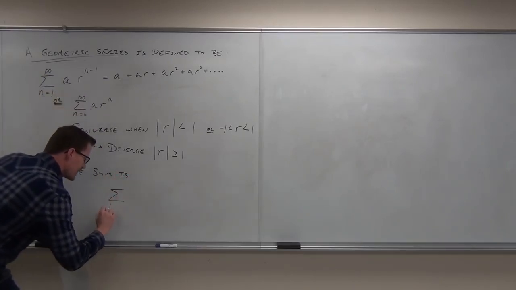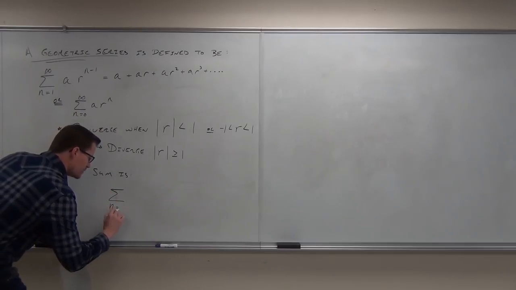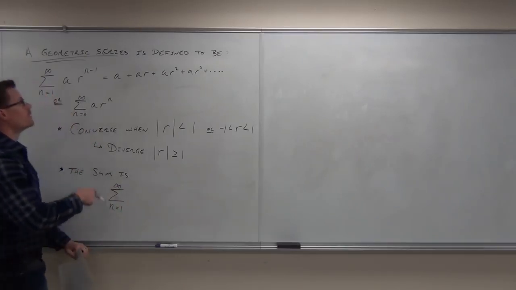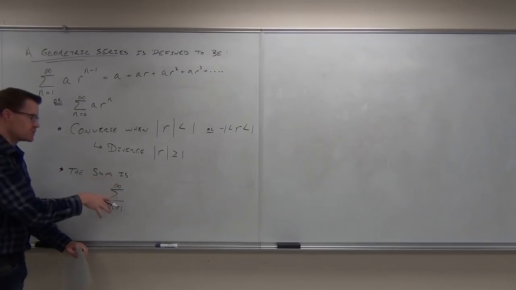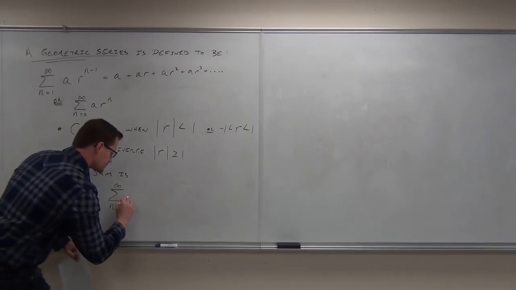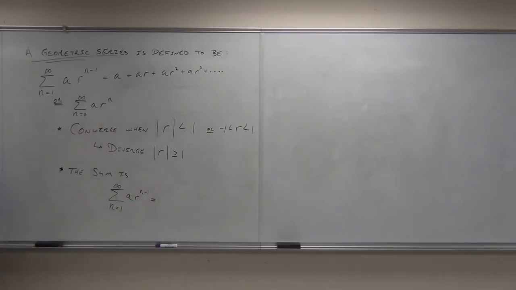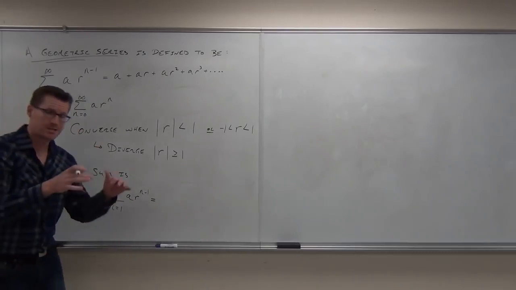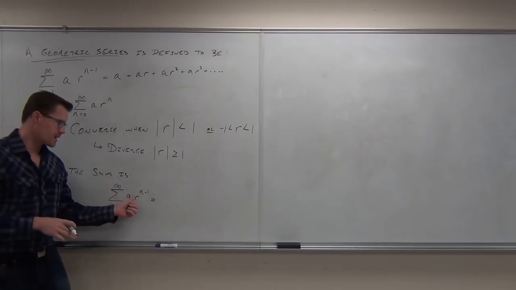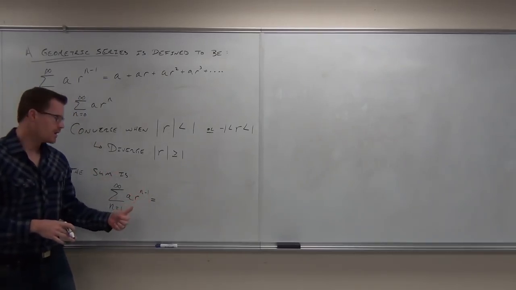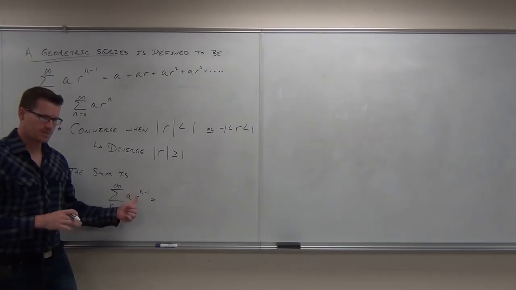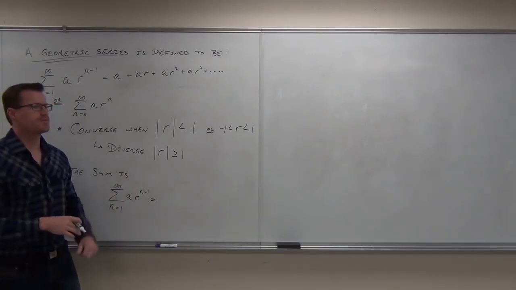What's also really nice is that we have a built-in formula for the geometric series. I'm going to prove this to you in just a bit, but I'm going to give it to you now. Here's our formula. If you know that you fit the form of a geometric series, so basically if you have a constant times some number raised to the n-1 where your R in absolute value is less than 1, you can find the sum of it.